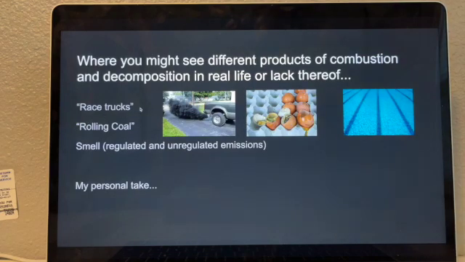Race trucks, like on a drag strip, typically don't have DEF or catalytic converters, as that can reduce the speed of a vehicle.